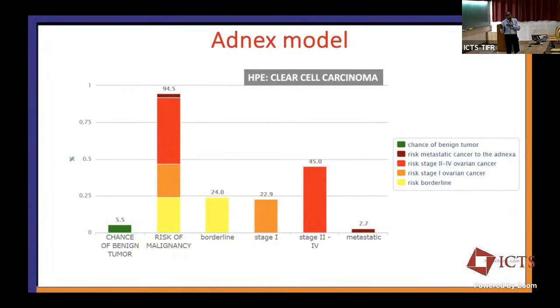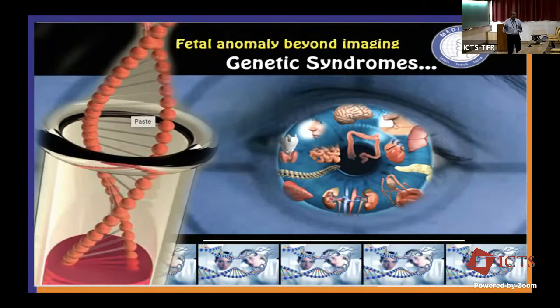And this is one of the very important things which is helping clinicians now to diagnose ovarian cancer. The same has been applied in other areas also, for example prediction of syndromes.